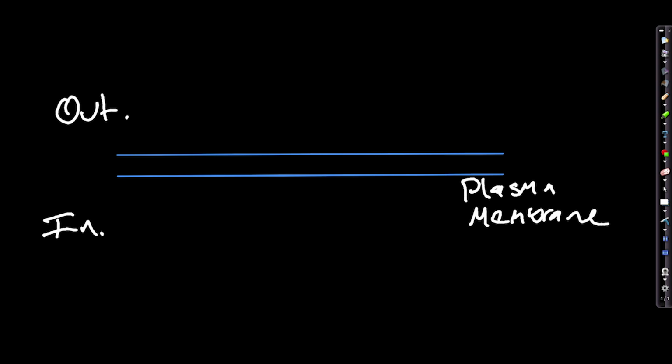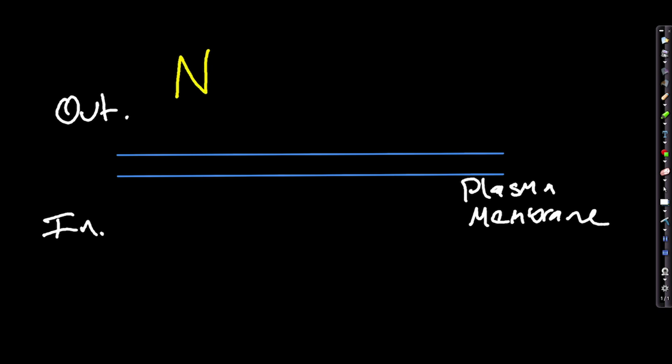So we'll talk about 2 ions in this video, but we'll introduce another ion as well. So why not do it in yellow? We'll talk about sodium ions.